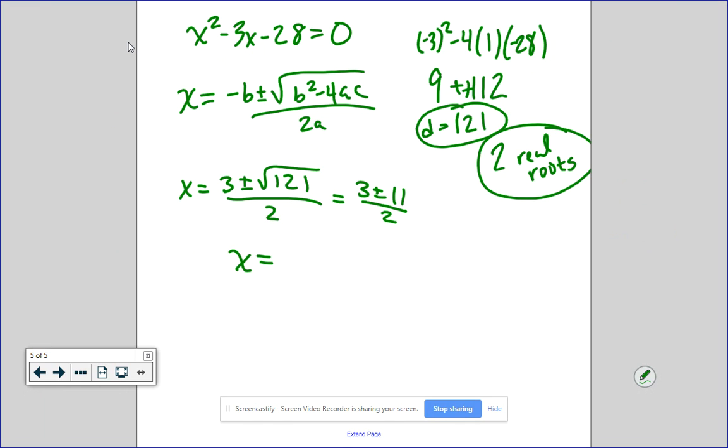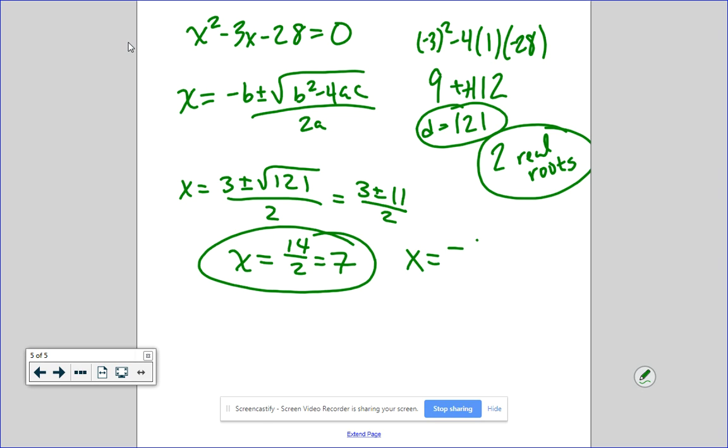So 3 plus 11 is 14, divided by 2 is 7. There's 1 x. 3 minus 11 is negative 8, divided by 2 is negative 4. There's the second. The completing the square problem should get that same answer. Right. Good?